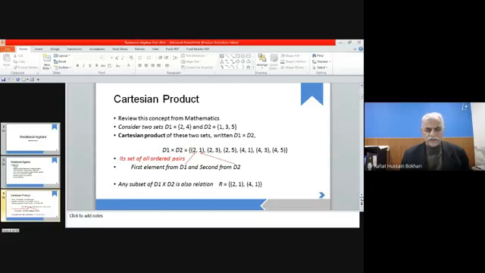Further, we also discussed renaming, in which we can rename any attribute. These operate on a single relation, so they are called unary operators.